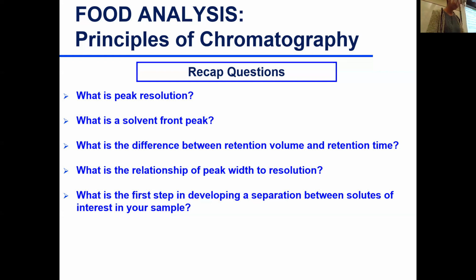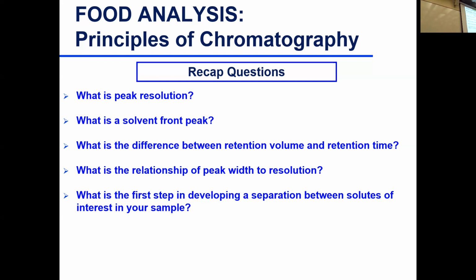Okay, what is the relationship of peak width to resolution? So the wider the peak, the poorer the resolution. Yes, exactly. So when the peak gets wider, that means it's taking longer on the column to equilibrate. Remember you have a number of theoretical plates, which are the number of equilibrations that the compound goes through as it goes down the column.